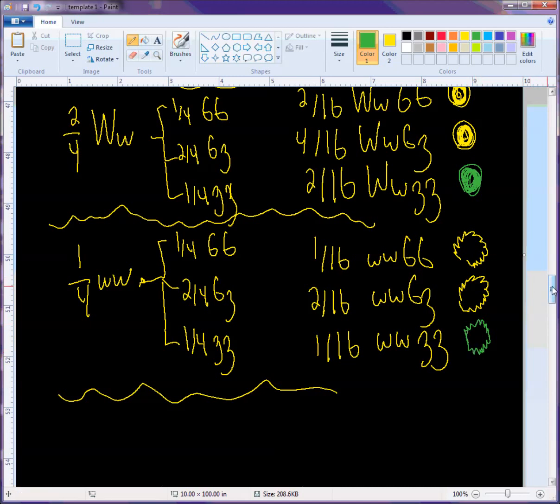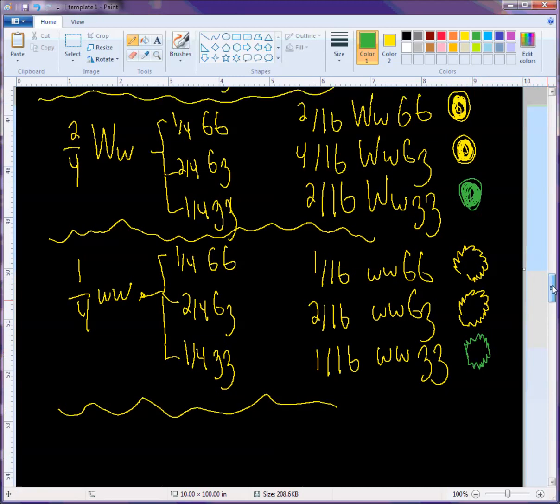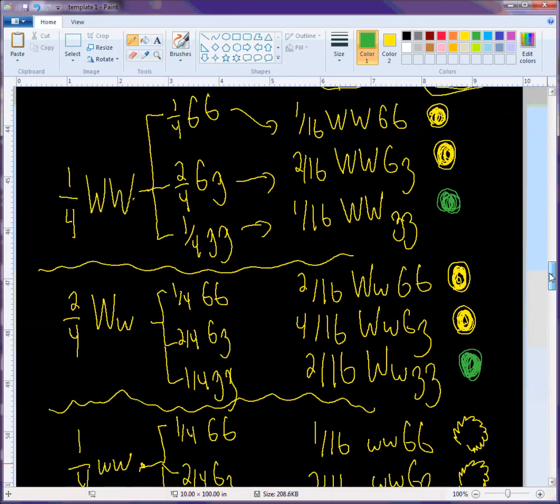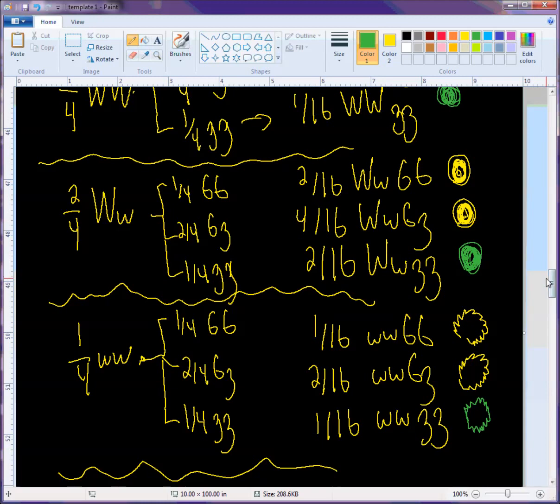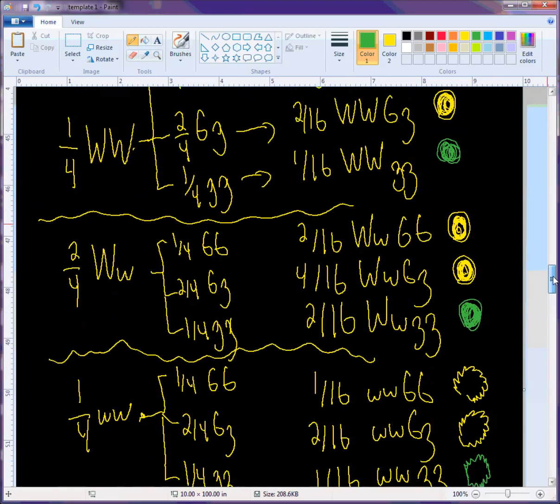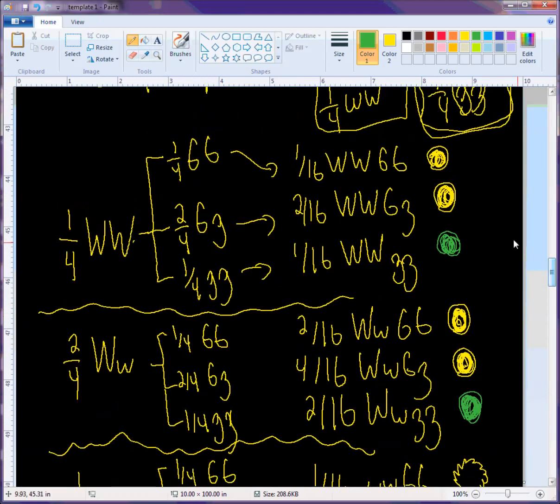Okay, so is this a 9 to 3 to 3 to 1 phenotypic ratio? We already have the genotypic ratio, right? We got all those right there. That's the genotypic ratio: this 1 to 2 to 1, 2 to 4 to 2, 1 to 2 to 1 here. But let's see if we have 9 yellow and round. We have 1 here, 2, 3, 4, 5, 6, 7, 8, 9.